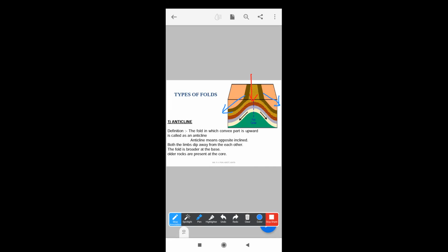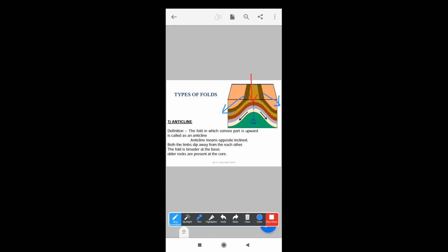The dips of each one are in different directions. That's why such a type of fold is also considered an opposite inclined fold. Both the limbs dip away from each other. Now, what is the meaning of limb?